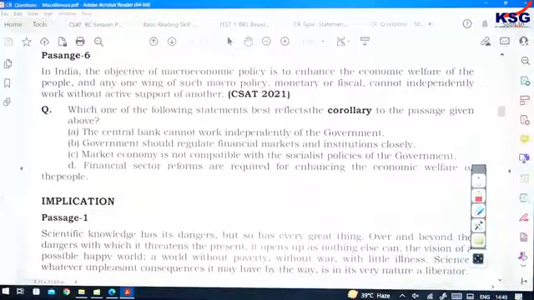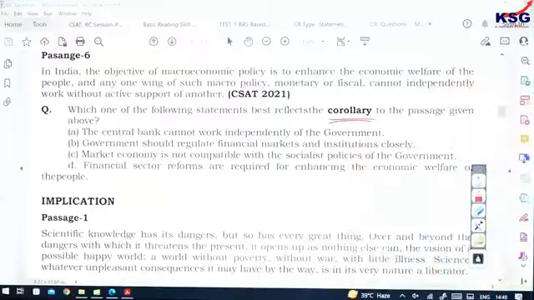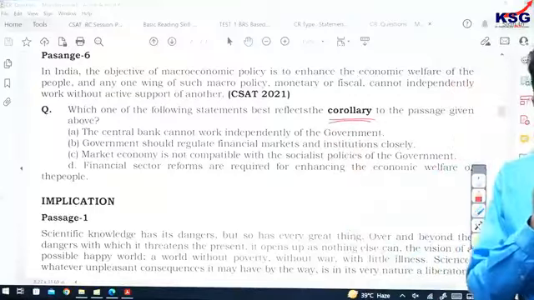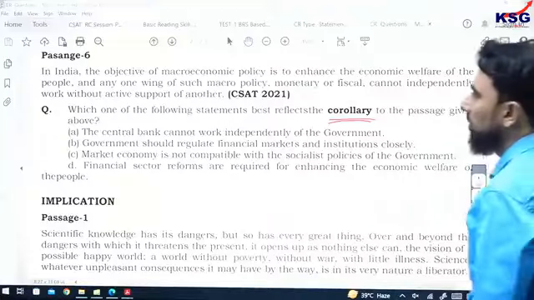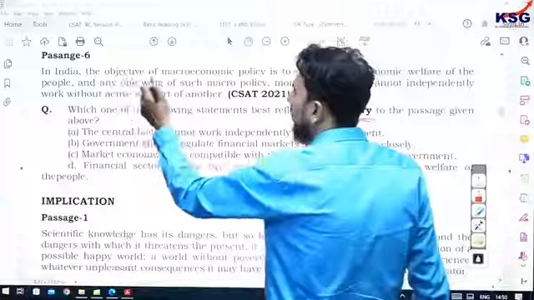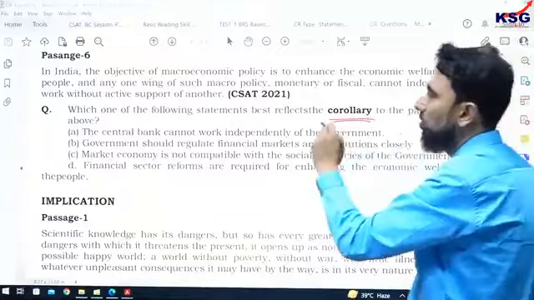So do remember, you are supposed to find out the corollary, and it should be based on the author's main point, logically connected to that. So let's solve it. Author says, in India, the objective of macroeconomic policy is to enhance the economic welfare of the people.